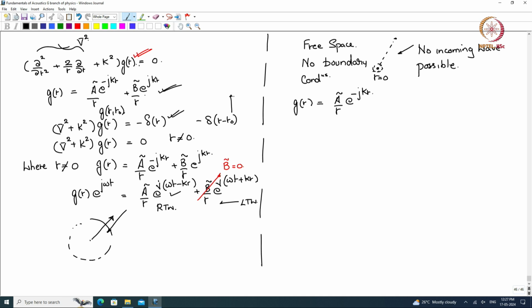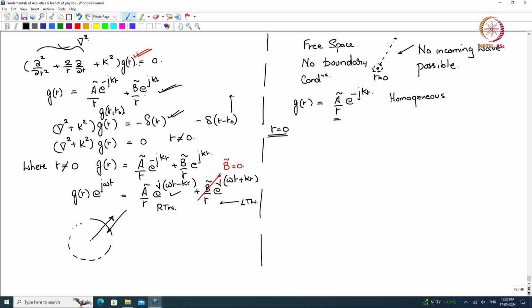So now this satisfies the homogeneous equation everywhere except r equal to 0. Now at r equal to 0, we can't straight away put r equal to 0 in this, because it will blow up.